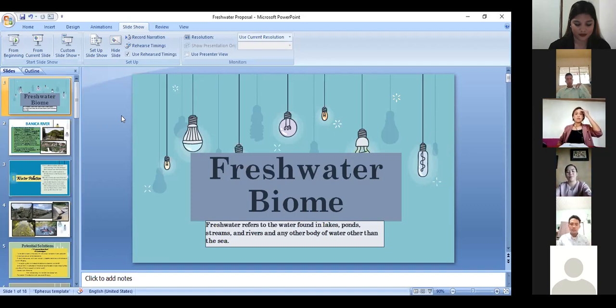Banica River is not just a long freshwater body found in Negros, but it actually affects a lot of barangays through which it flows, from Valencia down to Dumaguete.